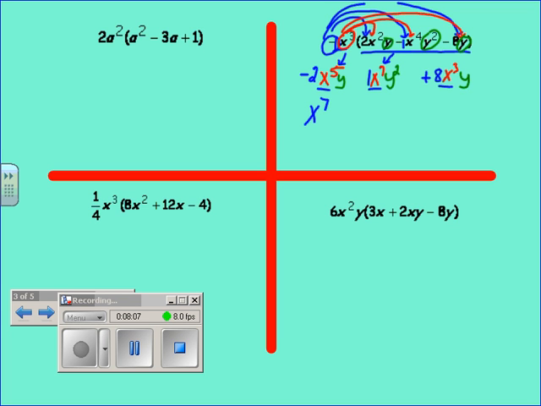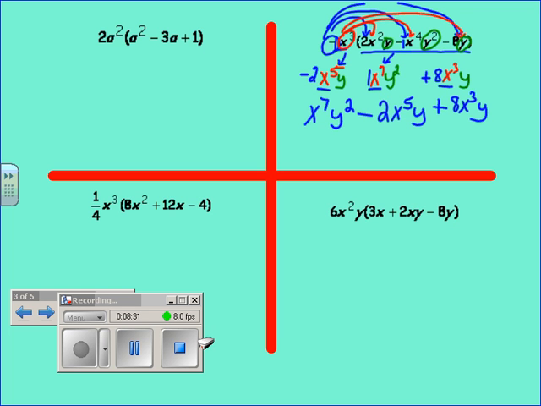So x to the 7th y squared. I don't need to carry over the 1 if I don't want to. Then to the 5th will be next, so that'll be minus, because that's a -2, 2x to the 5th, y. And then I'm going to add this 8x cubed y.